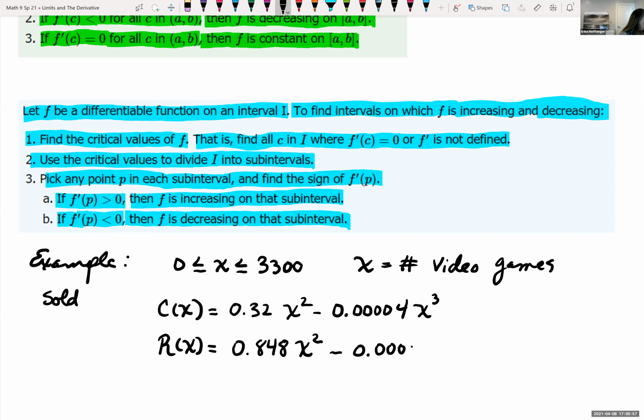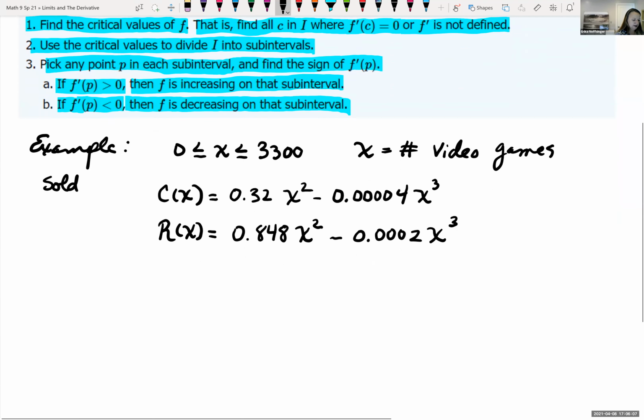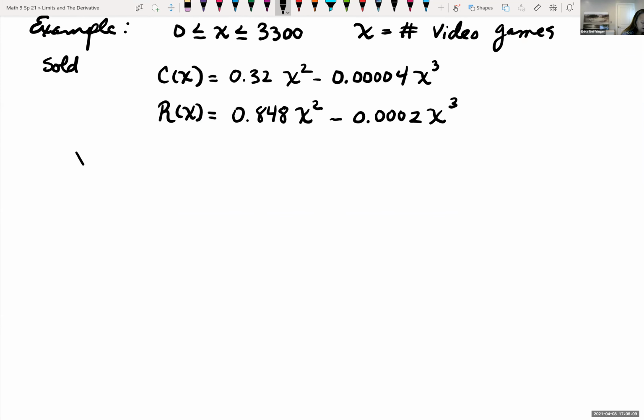So we want to determine the intervals on which the profit function is increasing. We want to know where the profit function is increasing.